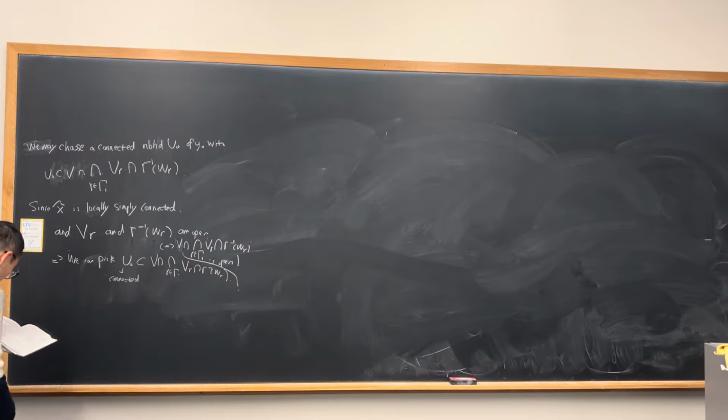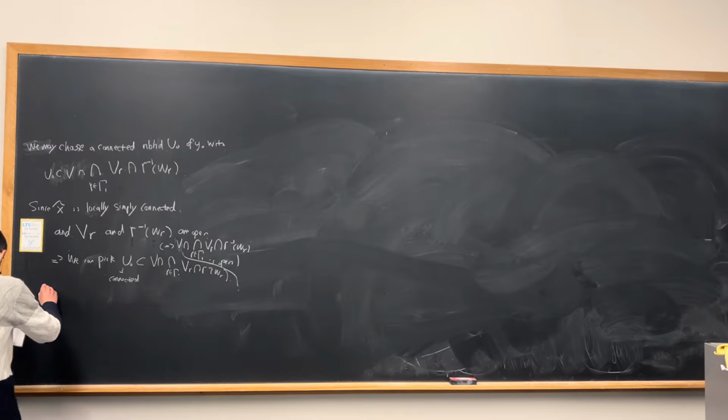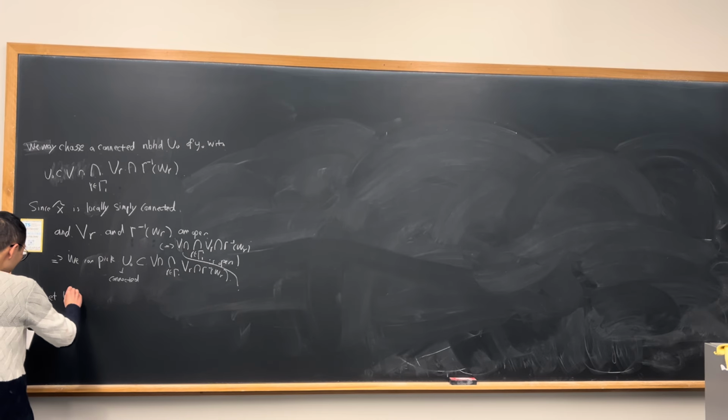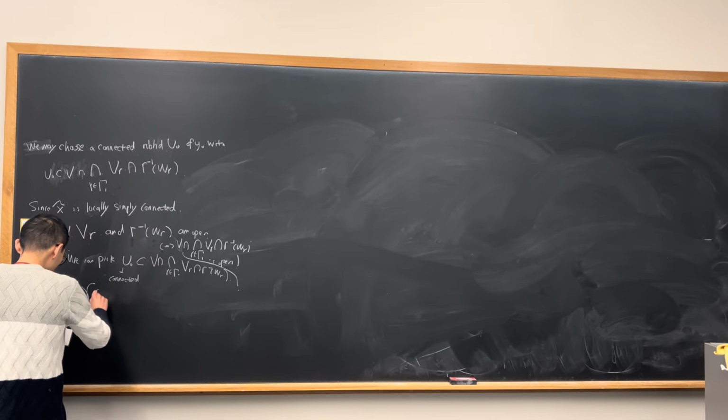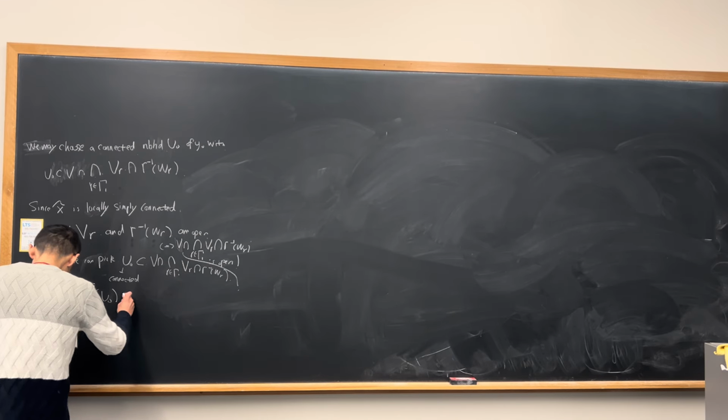Okay, so now U is defined as gamma of this U naught.